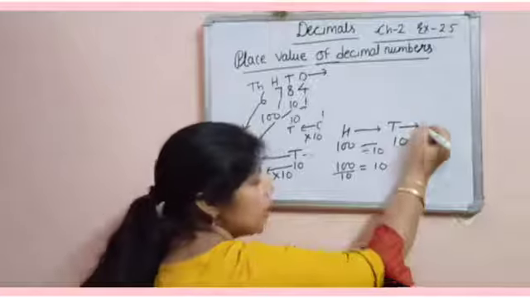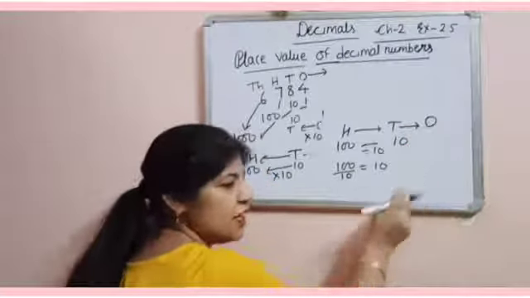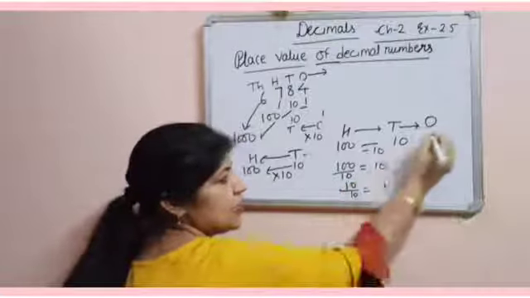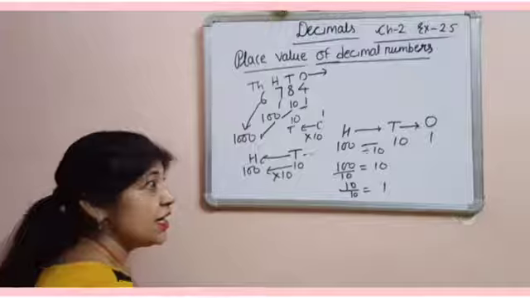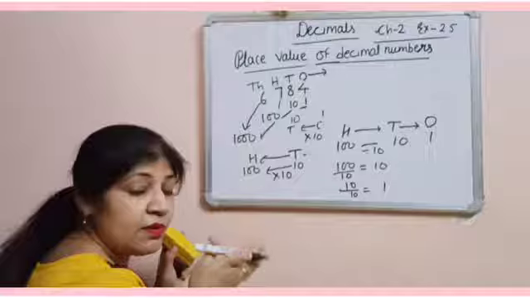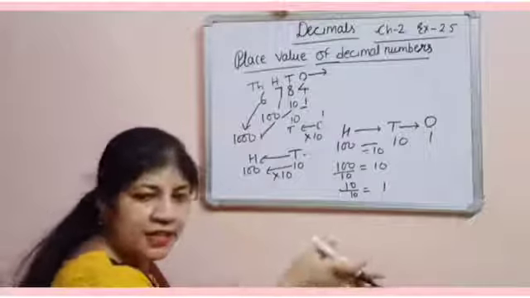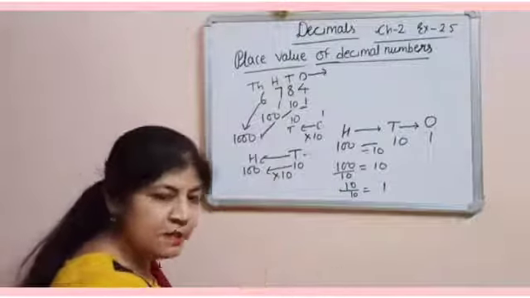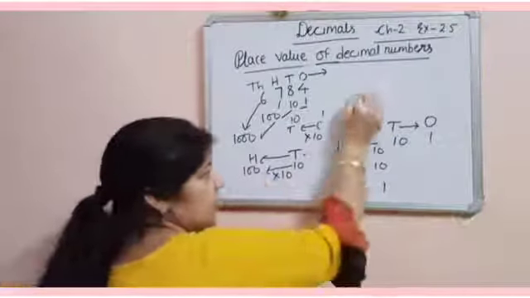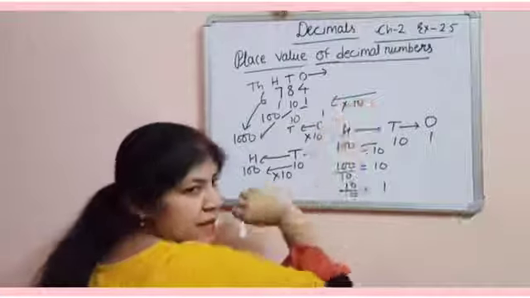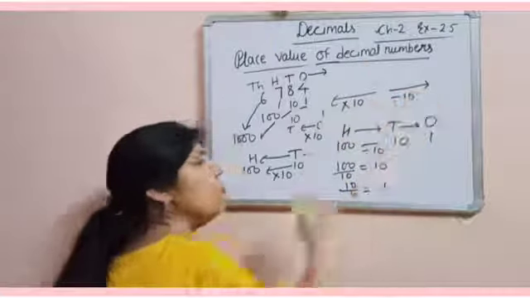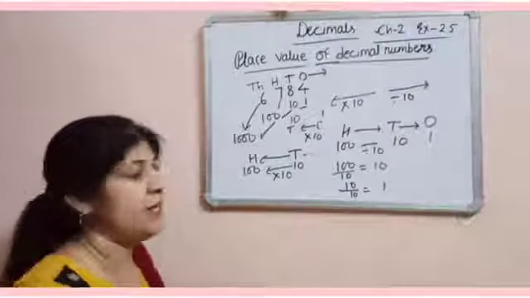And when you move from 10's to 1's, the value also decreases by 10 times, 10 divided by 10, that is 1's position. Clear? So when you move towards the right hand side, the value decreases by 10 times, and when you move towards the left side, the value increases by 10 times.